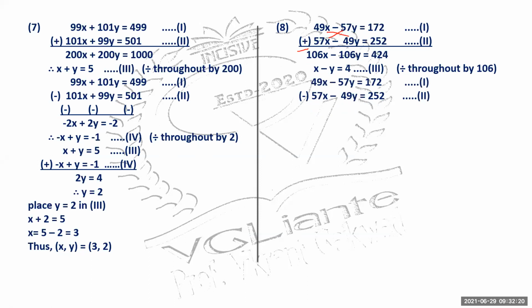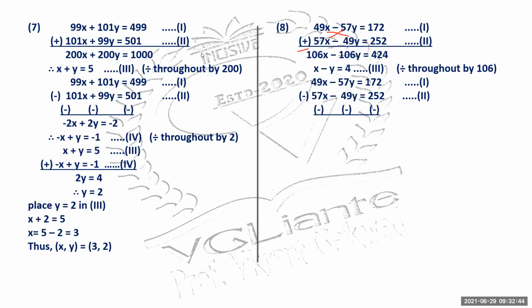49x minus 57y equals to 172, minus 57x minus 49y equals to 252. Always remember, when you put the negative sign, the signs of the second equation are going to change. So check.